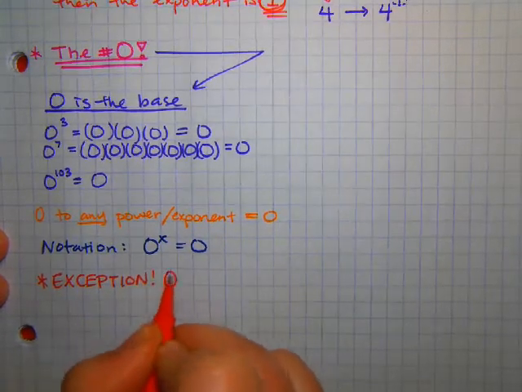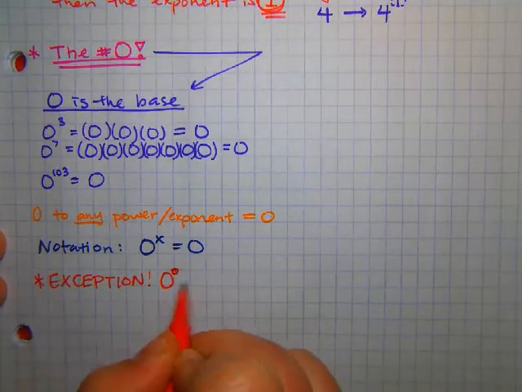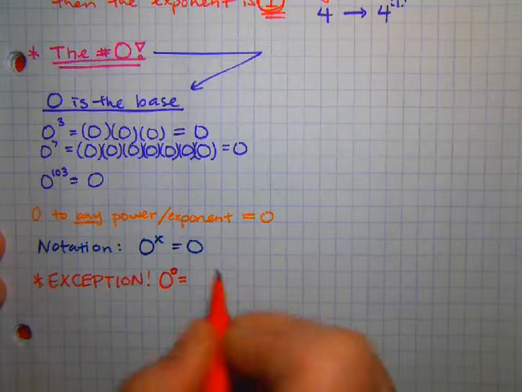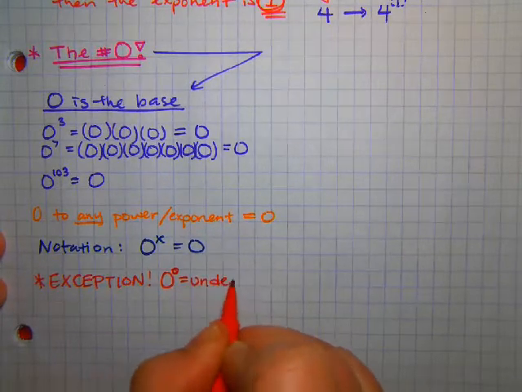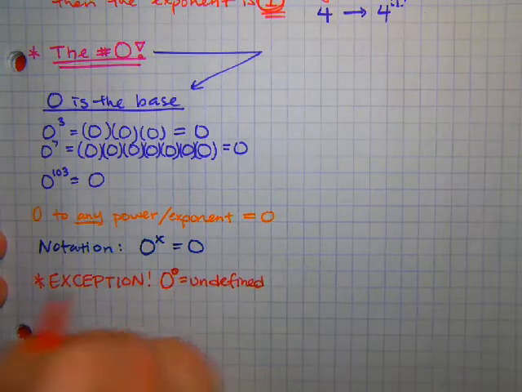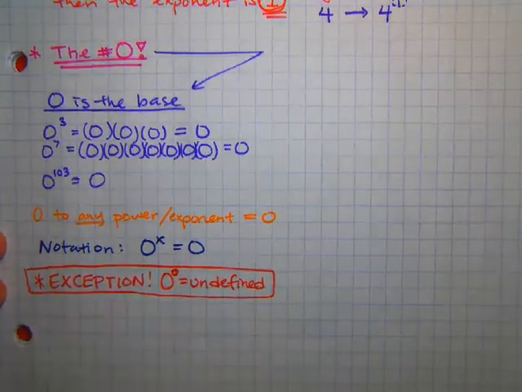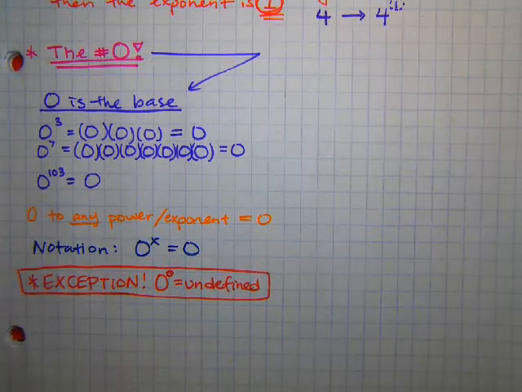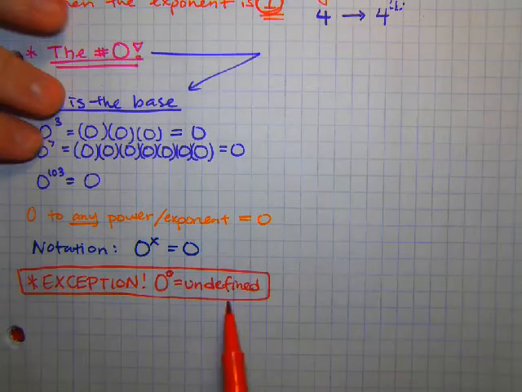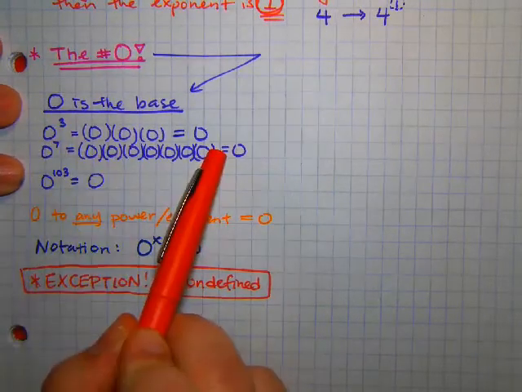And that is 0 to the 0 power. And that we would say is undefined. Just like you can't divide anything by 0, you're going to say this is undefined. Okay, so it's just a weird rule, but remember it. And the reason is that it's contradicting, and you'll see why it's contradicting in a second. Okay, so 0 to any power stays 0.